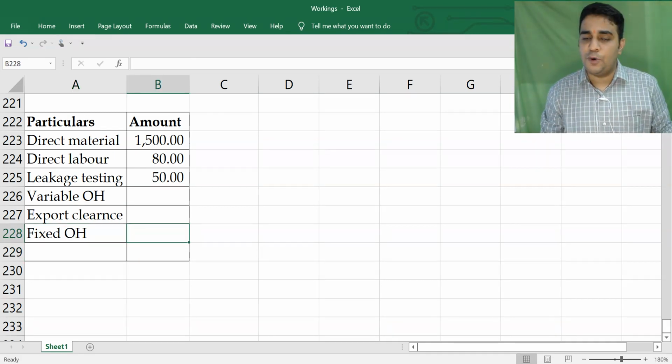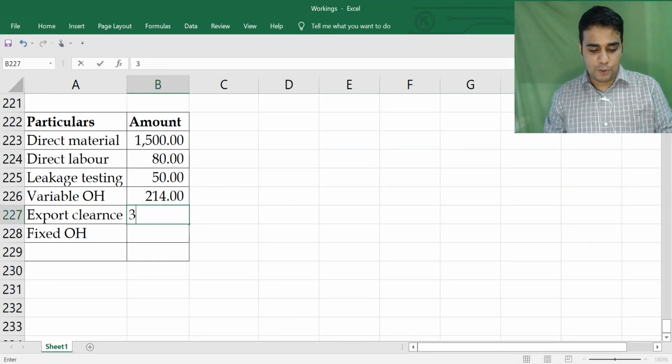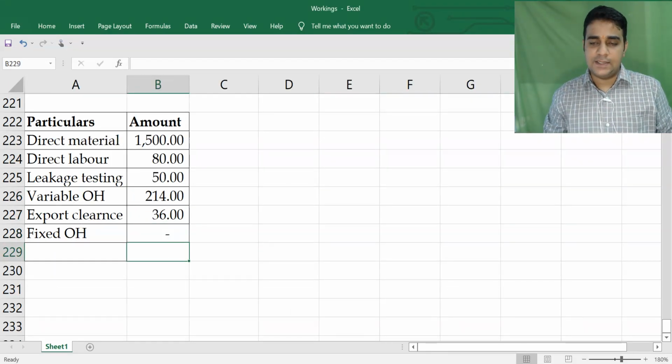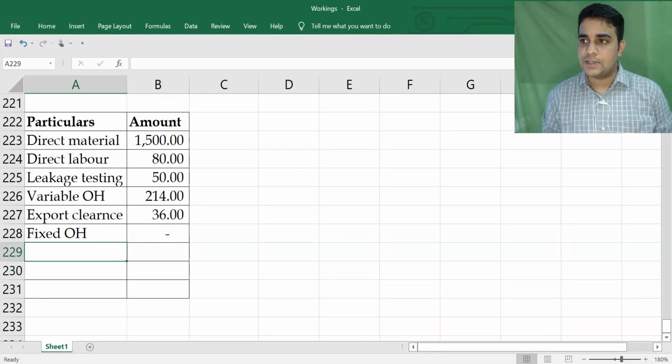Variable overheads, export clearance and fixed overhead. Variable overheads is relevant, export clearance is relevant, fixed overheads is irrelevant.